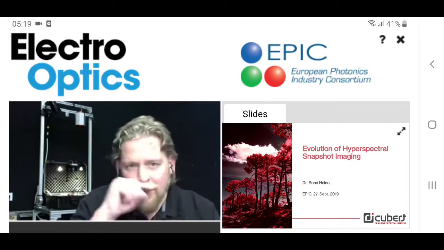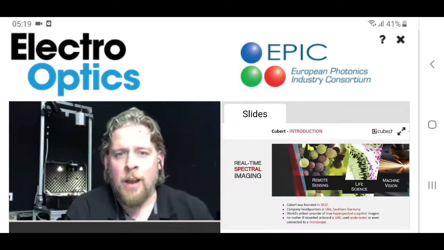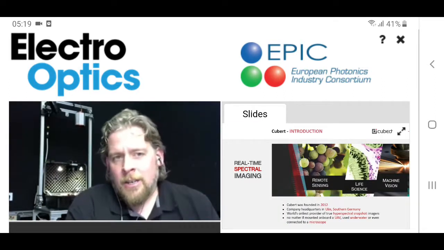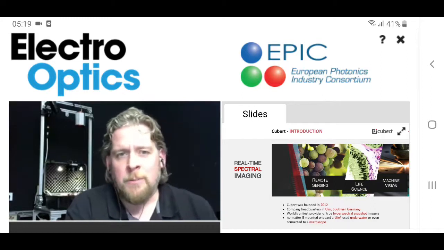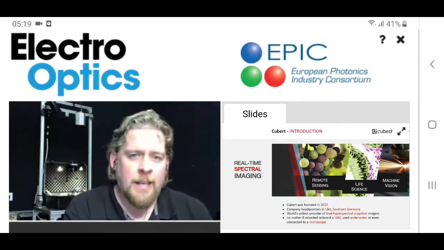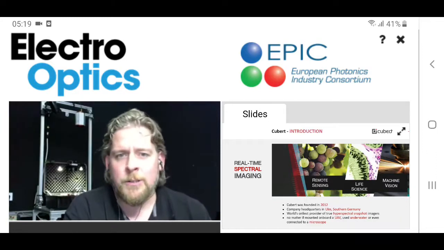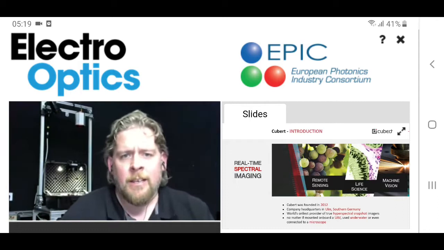And Cubert is all about new advances in hyperspectral imaging. We started this company nearly 10 years ago in South Germany, and we are concerned about snapshot hyperspectral imaging. This is what we have done since we started the company.